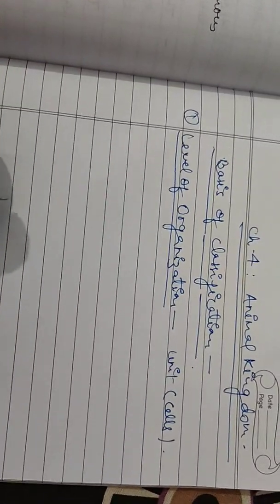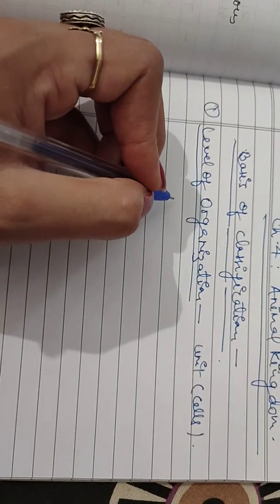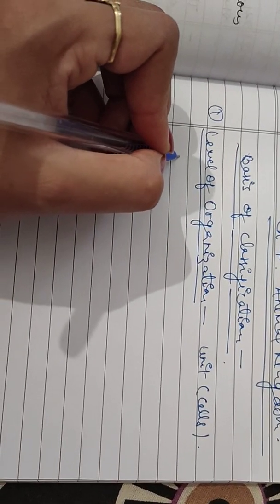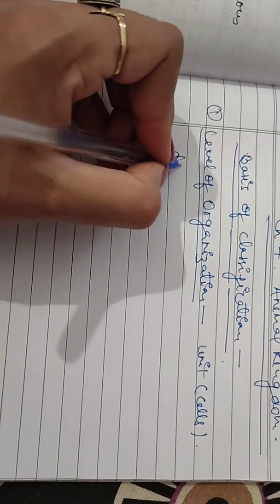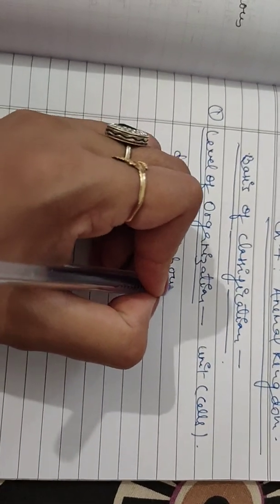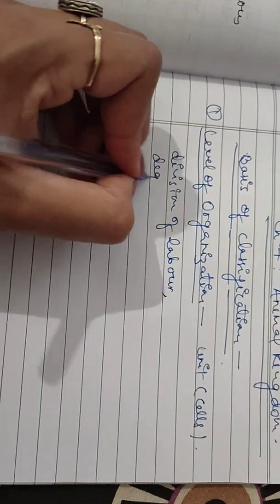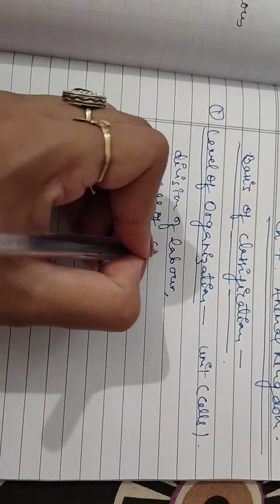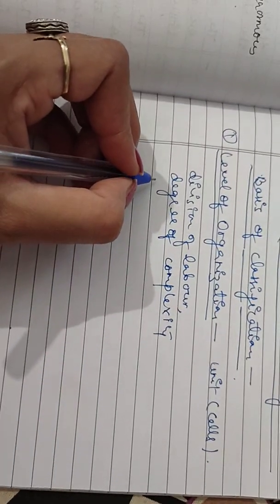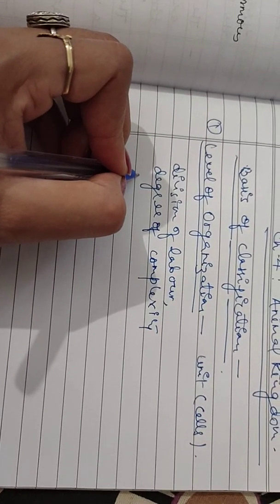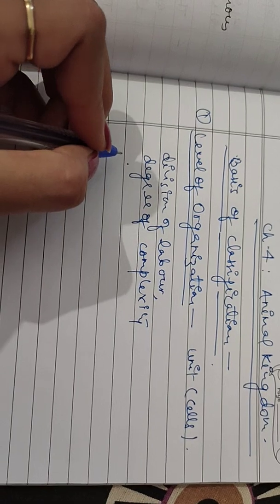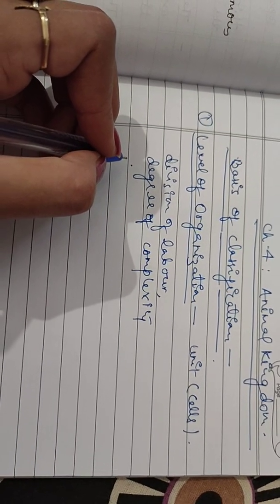It is accompanied by division of labor, degree of complexity, or you can say specialization of cells present in any individual. So we can divide the animal kingdom into different levels, patterns, grades or body plans.